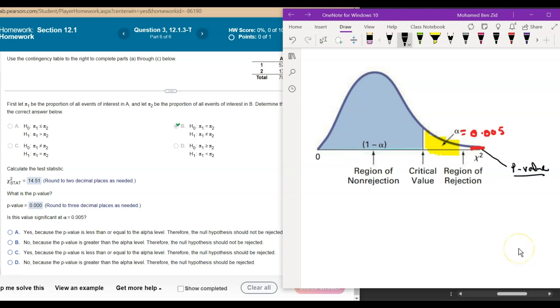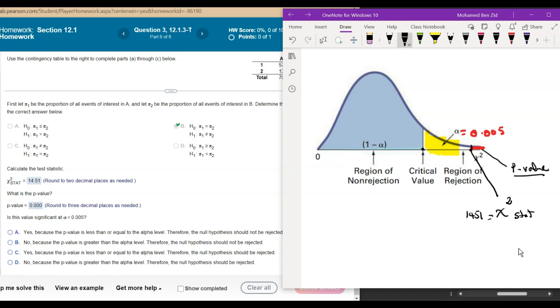Technically my chi-squared stat is 14.51. Now the critical value, we don't really know it, because we didn't calculate it.